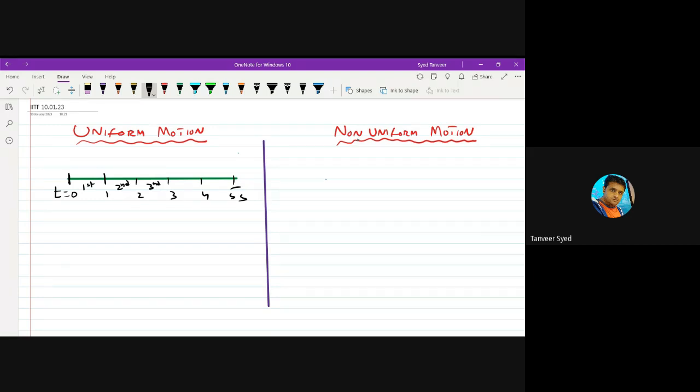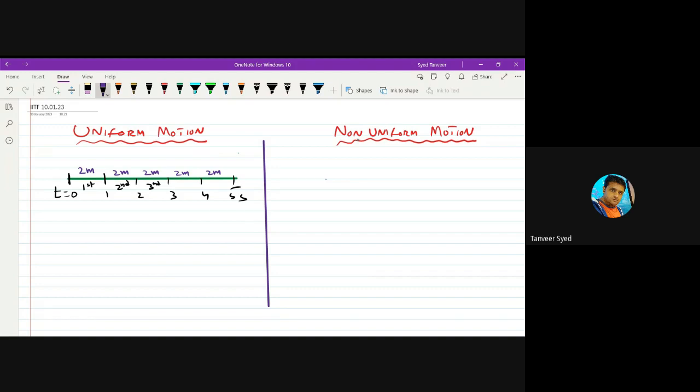In first second of its journey, the body is covering a distance of, let us say, 2 meter. It travels a distance of 2 meter in first second. Then in the next second, also 2 meter. Next second, also 2 meter. Fourth second, also 2 meter. Fifth second, also 2 meter.